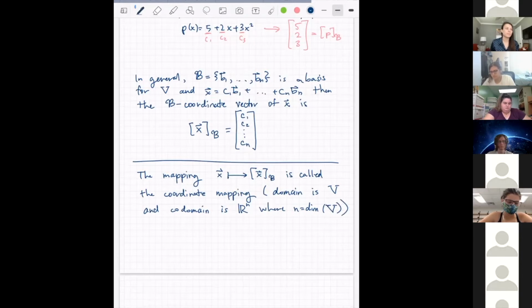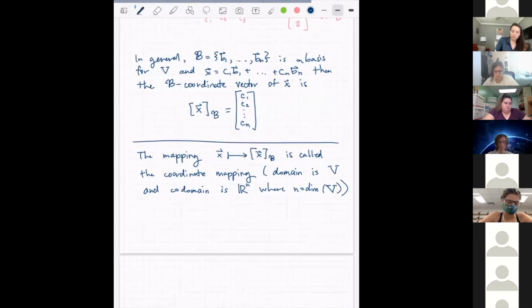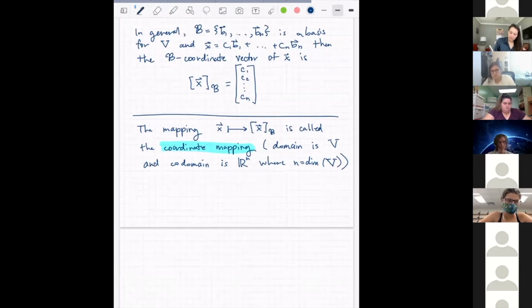This is called the coordinate mapping, and it is determined by the basis B.